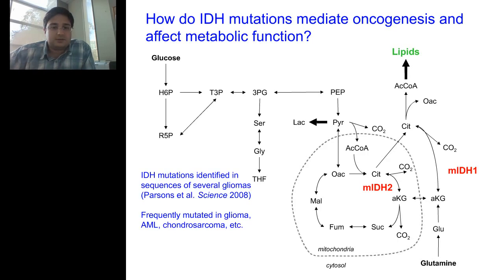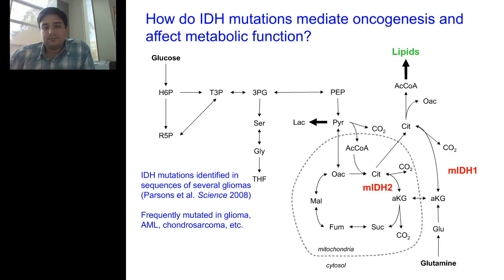In about 2008, it was first discovered in some exome sequencing of gliomas that there were recurrent mutations in IDH1, and then subsequently it was seen that IDH2 was also mutated in a subset of gliomas, as well as some AML tumors and some other sarcomas as well.